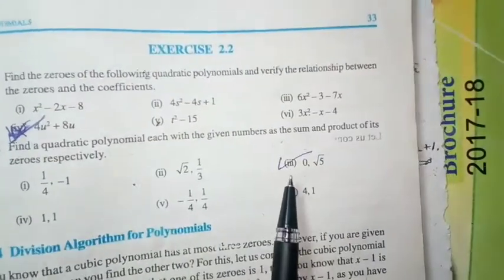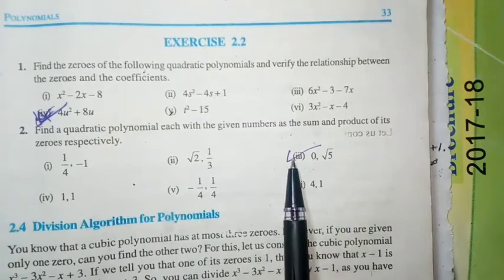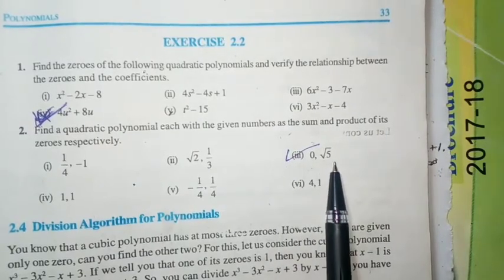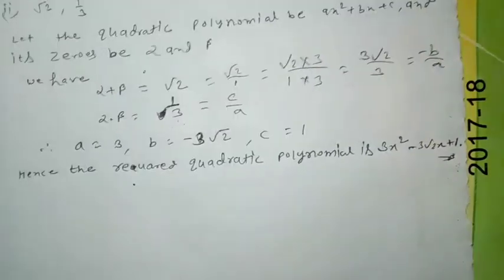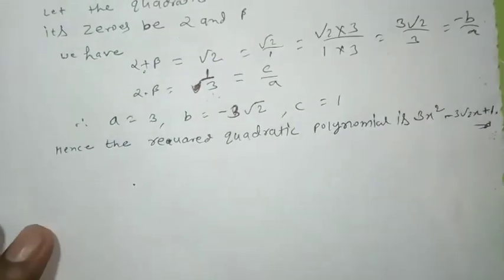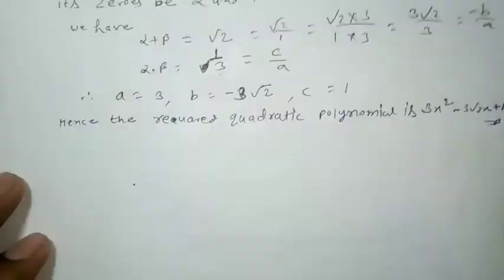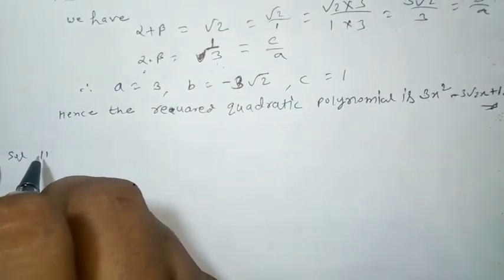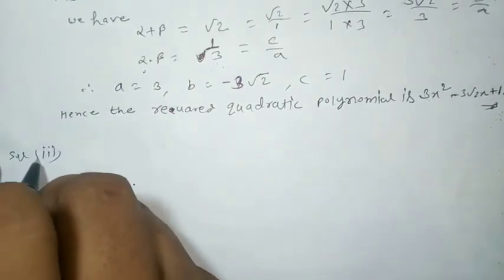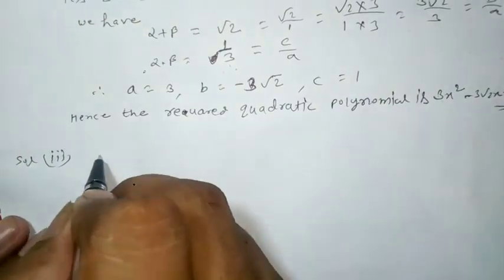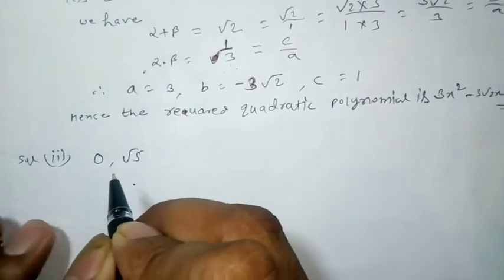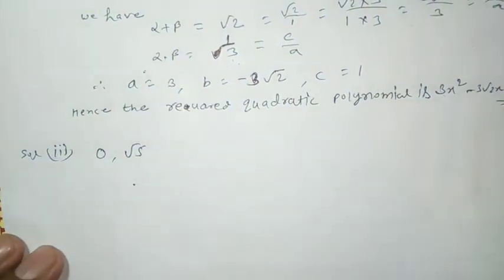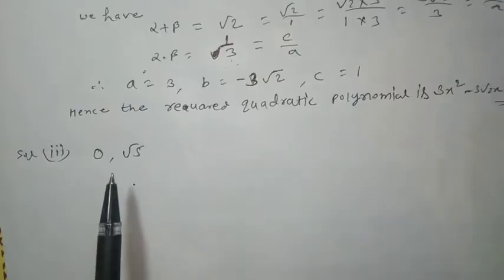Question number 3: 0 and root under 5. Now solution. 0 and root under 5. Okay, now I am applying a formula.